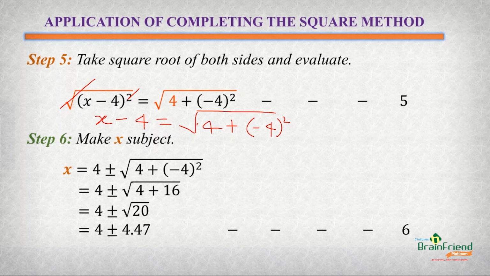We now have x is equal to 4 plus or minus square root of 4 plus 16. Solving through, we add 4 plus 16, and we now have square root of 20. Now, if we find the square root of 20, we have 4.47 in 2 decimal places. And then now we have x is equal to 4 plus or minus 4.47.